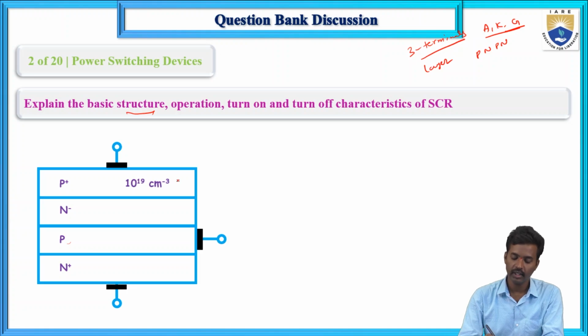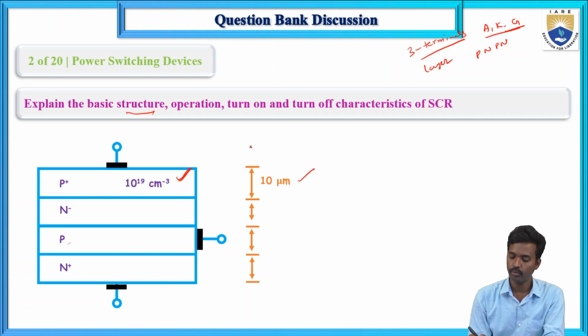The P plus layer has a doping level of 10 raised to the 19 per centimeter cube, and this is its thickness. Next is the N minus layer, 10 raised to the 14 per centimeter cube.